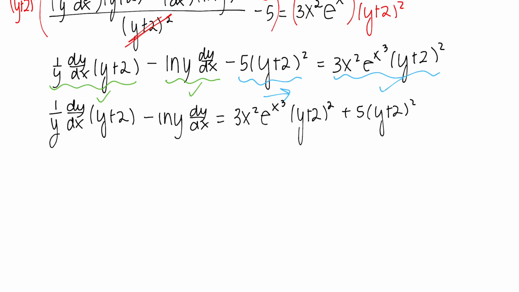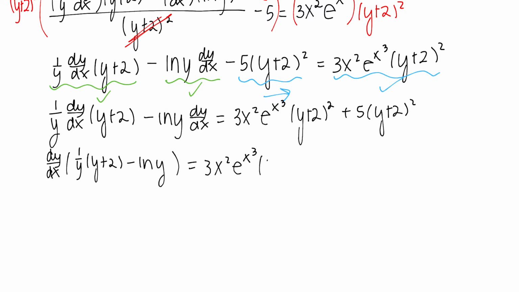On the left, we are factoring out a dy/dx. So we have dy/dx times 1 over y times y plus 2 minus ln y equals, once again, 3x squared e to the x cubed times y plus 2 quantity squared plus 5 times y plus 2 quantity squared.